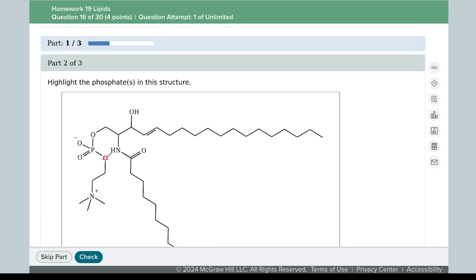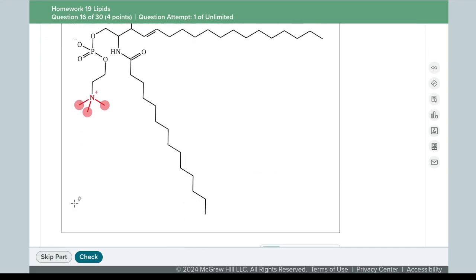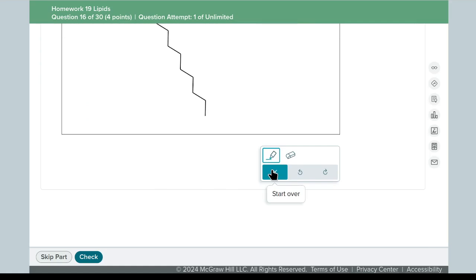The phosphate, I would highlight all the O's and the bonds and the P. The trimethyl ammonium, I would highlight the nitrogen, the bonds, and the carbons, the methyl groups.